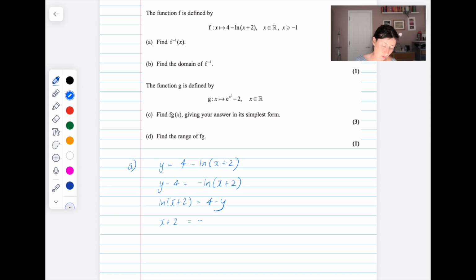We're going to need to introduce e to undo that ln. And then rewrite it with the inverse notation and swap the y's to x's. It's just a rule. It enables you to find the inverse without overthinking it.